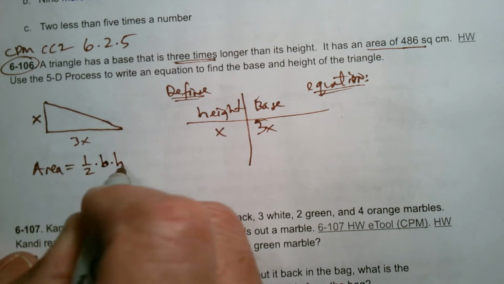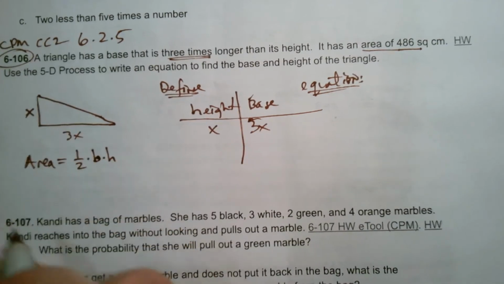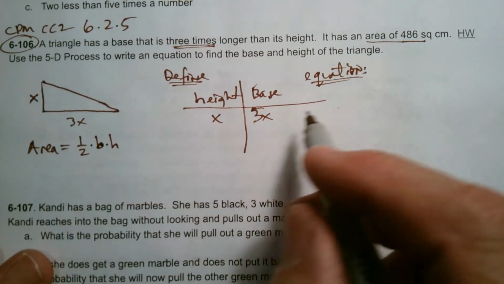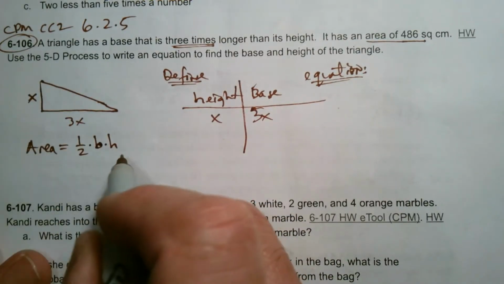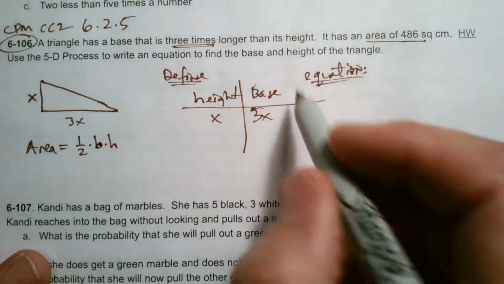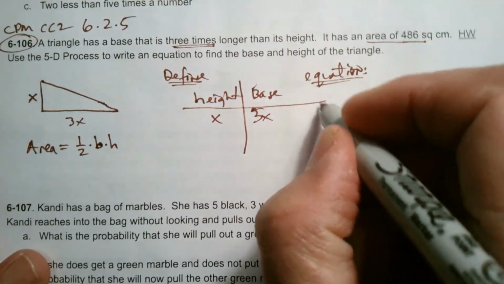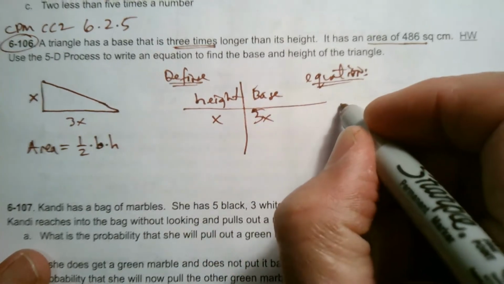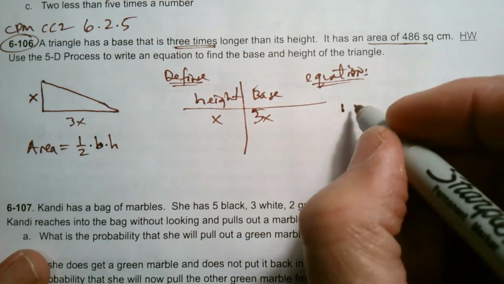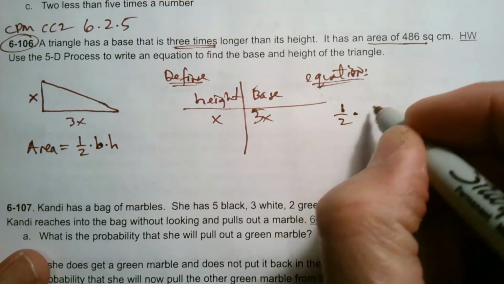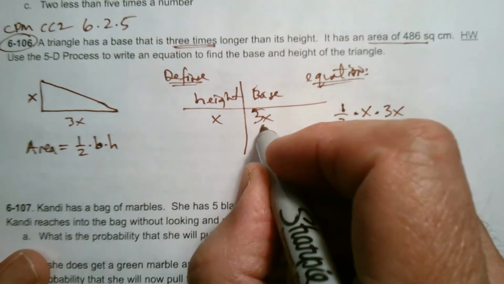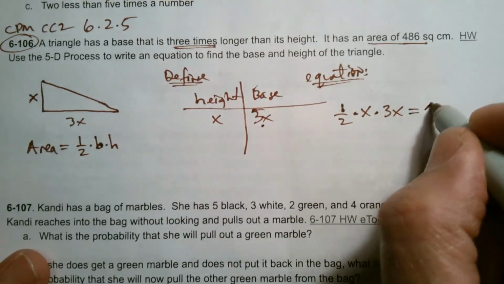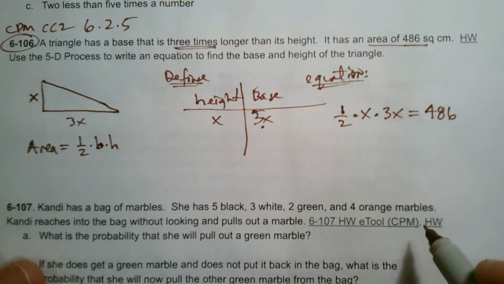You're multiplying the base times the height divided by 2, or times 1/2. So if I'm going to utilize this formula for finding the area of a triangle, I'll do that with my equation. So my equation is going to be 1/2 times the x times the base, which is supposed to equal 486.